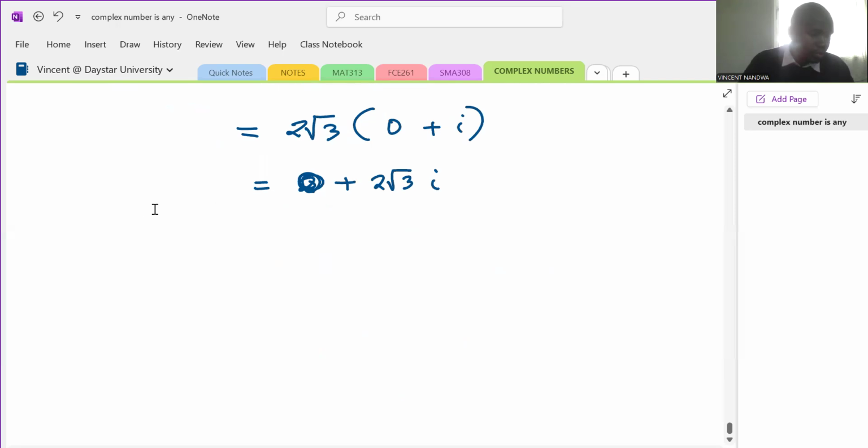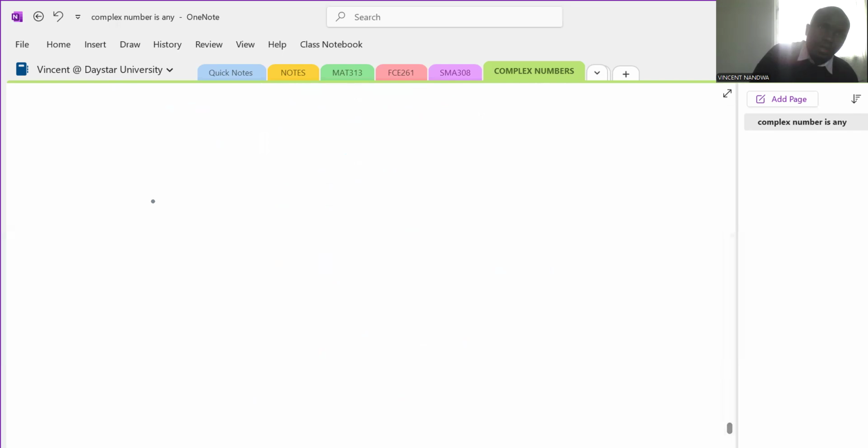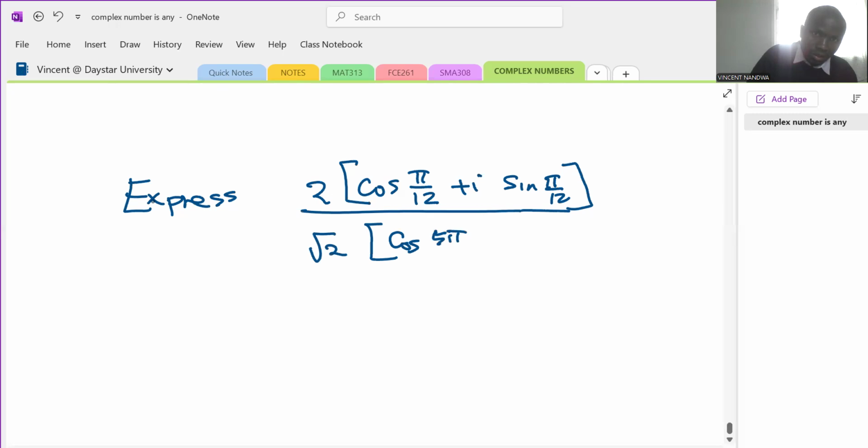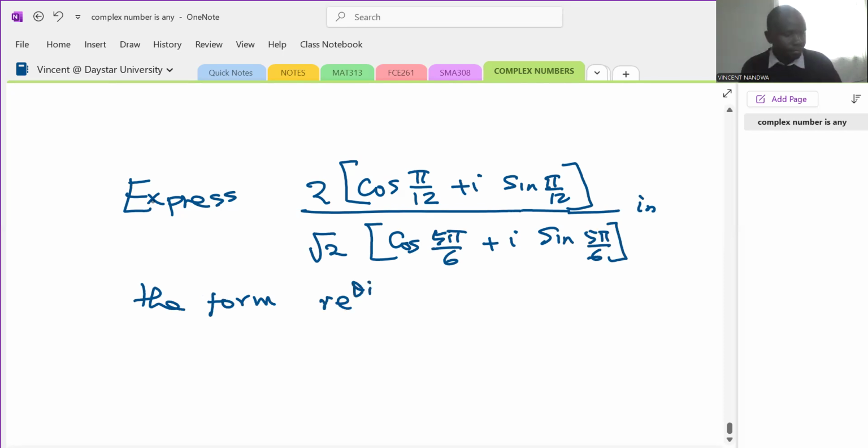Then example 2, express this quotient, 2 into cos pi over 12 plus i sine pi over 12, over √2 into cos 5 pi over 6 plus i sine 5 pi over 6, in the form r e raised to the power theta i.